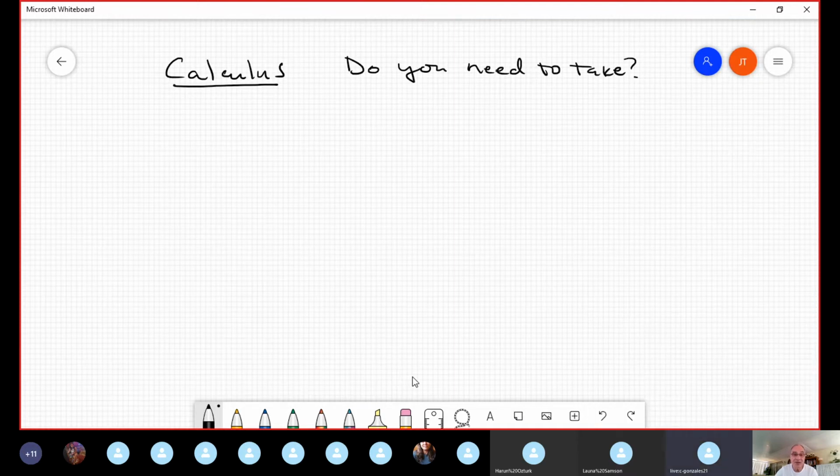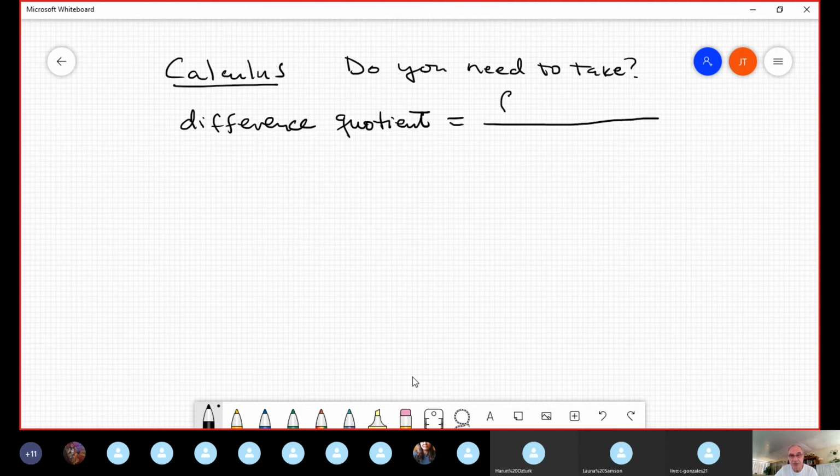Okay. So in calculus, there is one important quantity. It's called a difference quotient. And the formula involves function notation. It is f of x plus h minus f of x, divided by h.